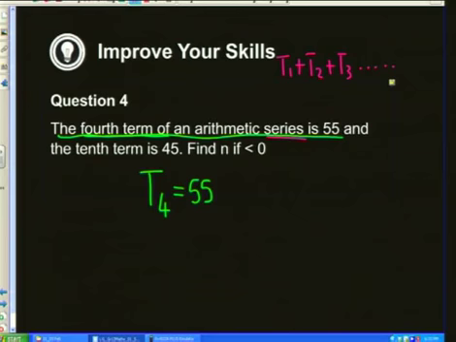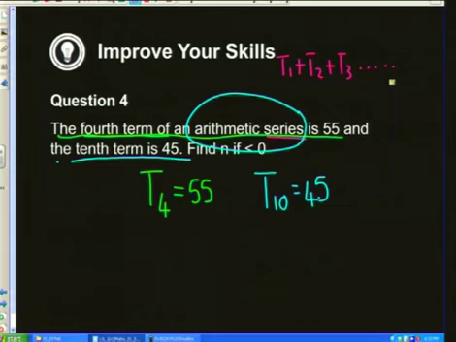So T10 is 45. Did they tell me what type of series? Yes, they did. They said arithmetic. So if it's arithmetic, we know already what formula we need. We need Tn equals a plus (n minus 1)d.